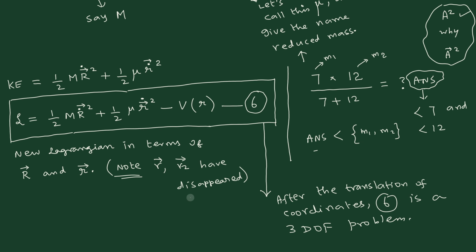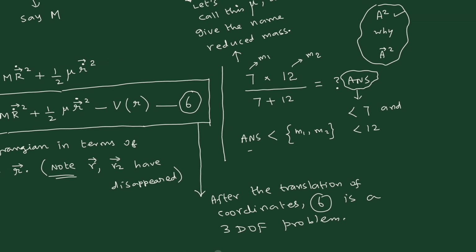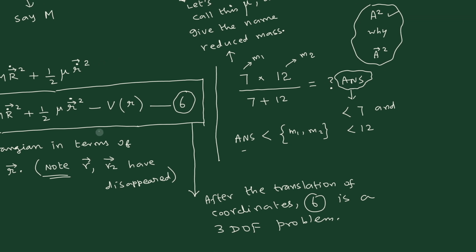I will explain how, but for the time being, keep this point, that only this is the one which is going to play the role, which is going to take the 3 degrees of freedom. The capital R is not going to play a role, and therefore we will not add additional degrees of freedom because of that. I will tell how it is not going to affect that by taking some numerical numbers. Only then you will be able to understand.